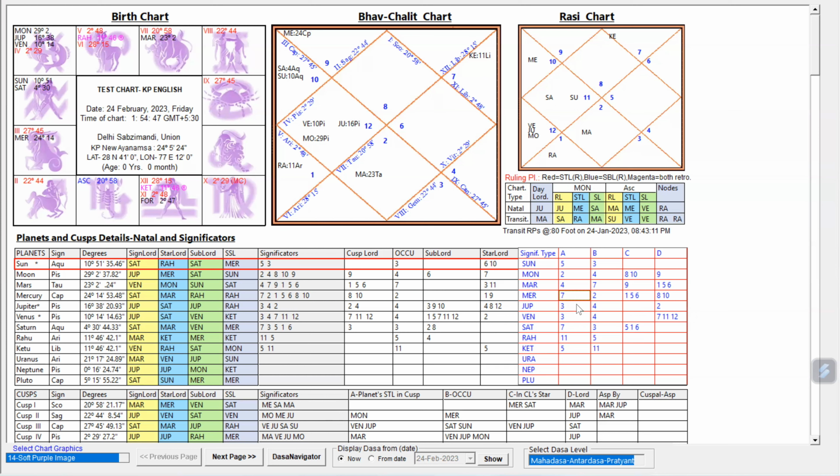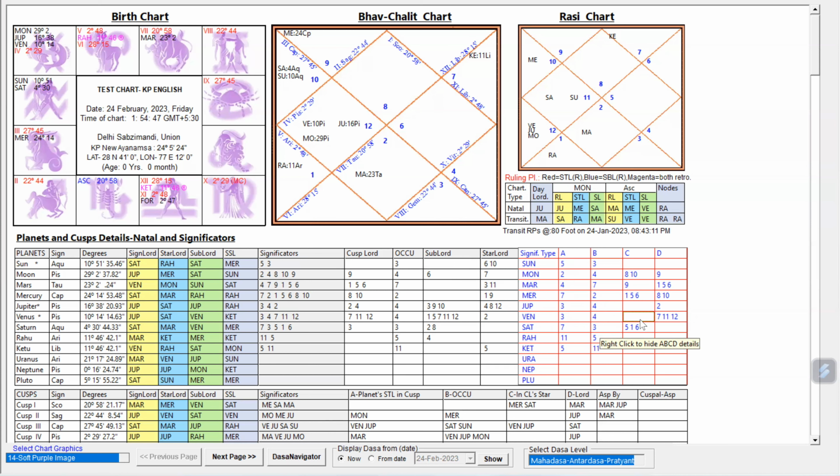Okay, if you see Venus over here, Venus is in the Saturn star, right? And in this chart, Saturn is in the 4th house. Sorry, 3rd house. So at level A, we noted down 3rd. Then Venus itself is in the 4th house, so we noted down 4th over here.